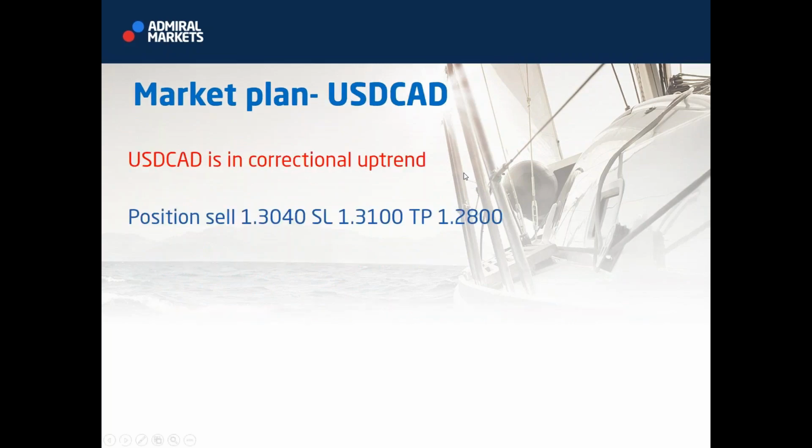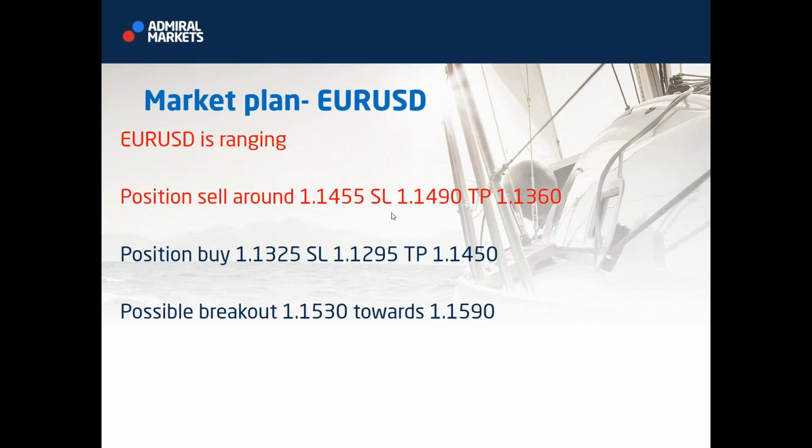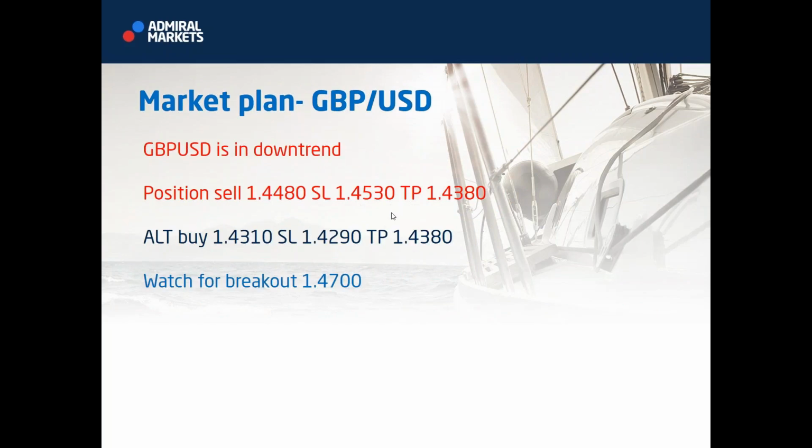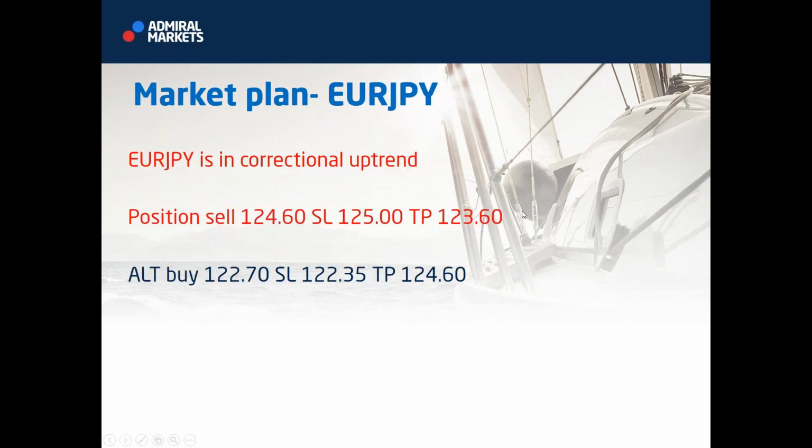Dollar CAD. And Euro Yen. Alexa is asking, how can I see screenshots? I'm showing the screenshots now, Alexa. These are the screenshots. Euro dollar, pound dollar, Australian dollar, dollar CAD, Euro Yen.